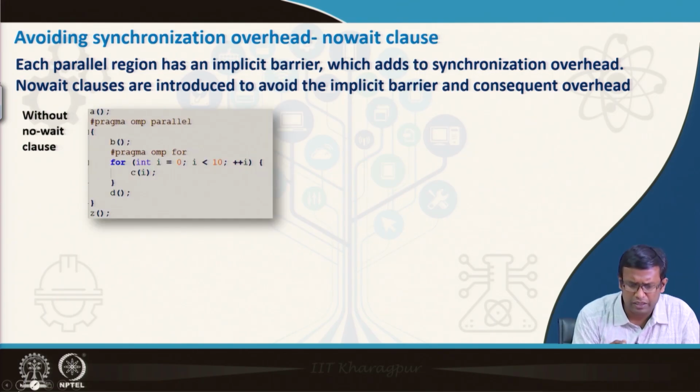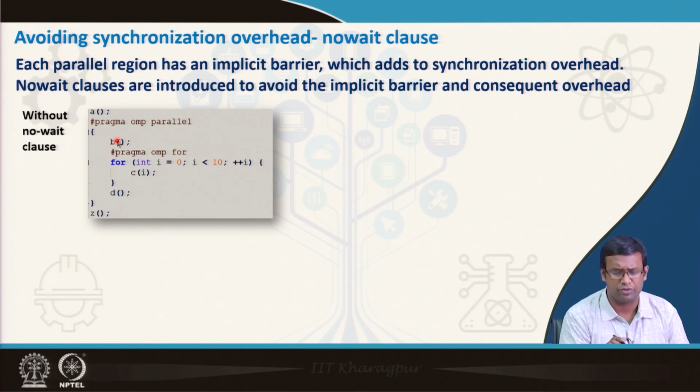Say this is an example without the nowait clause, a simple parallel region. Initially the parallel region is launched, so each thread updates their private variable B. A is a shared variable, and this might be shared also. Each thread updates the variable B as given to them.